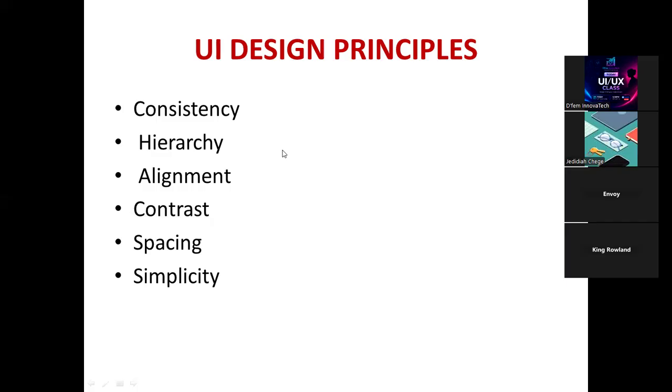If you leave where you are and go to another branch, you discover it's still the same structure. Same thing with their products: their color, font, and icons are all consistent. So consistency is the key when you are designing any product.